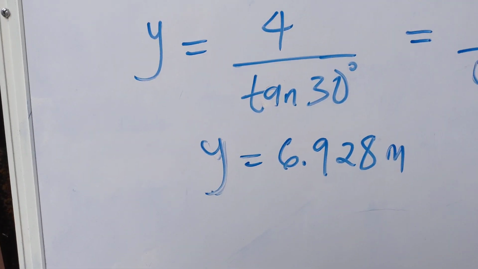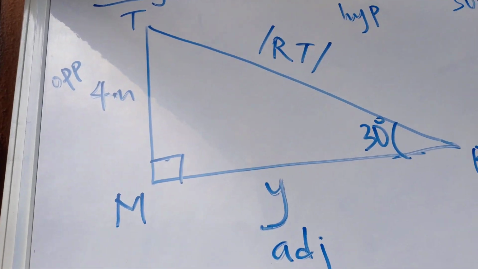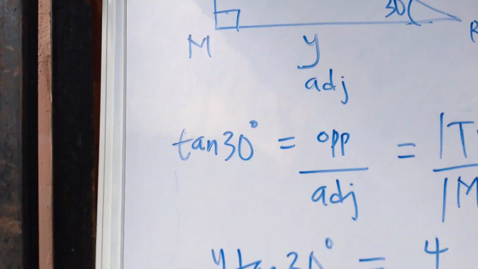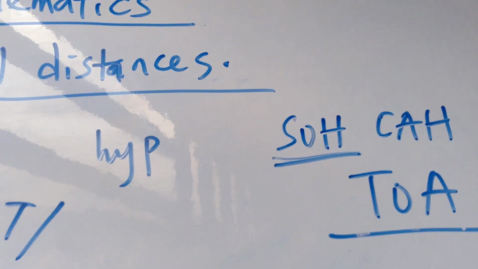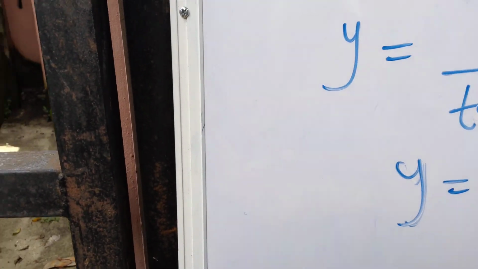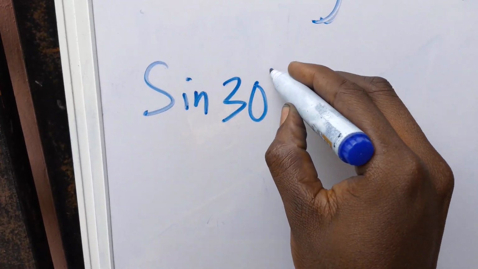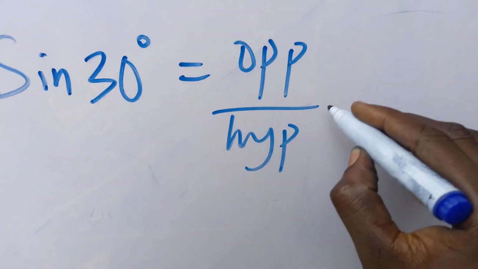So that's y. Then I can look for RT. If I use the opposite and the hypotenuse, I can look for RT. So now I'm going to make use of sine. Sine 30 degrees will be the opposite side over the hypotenuse side.